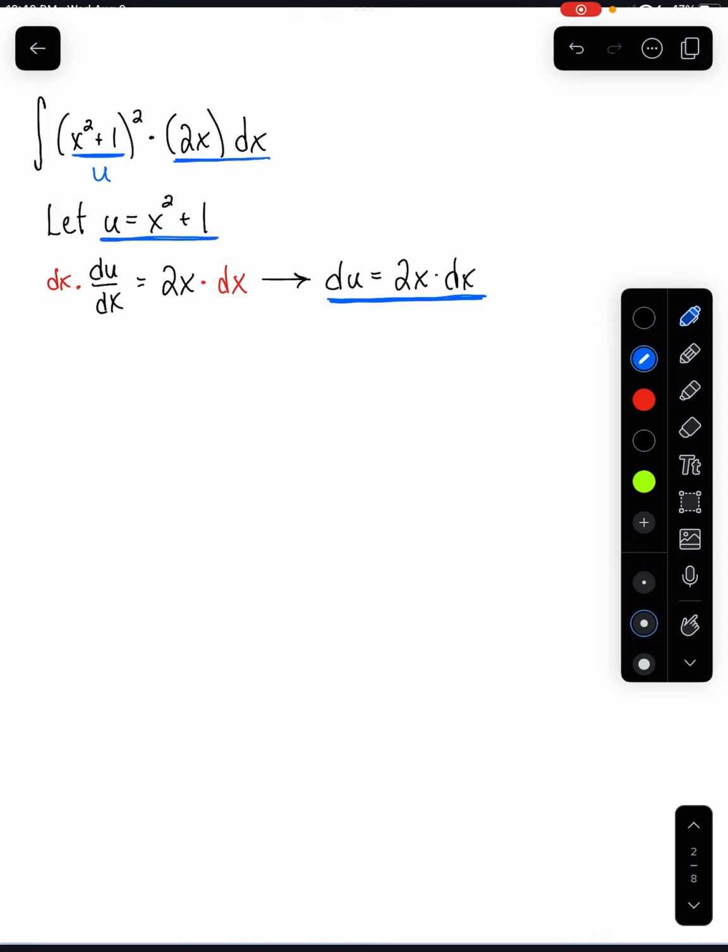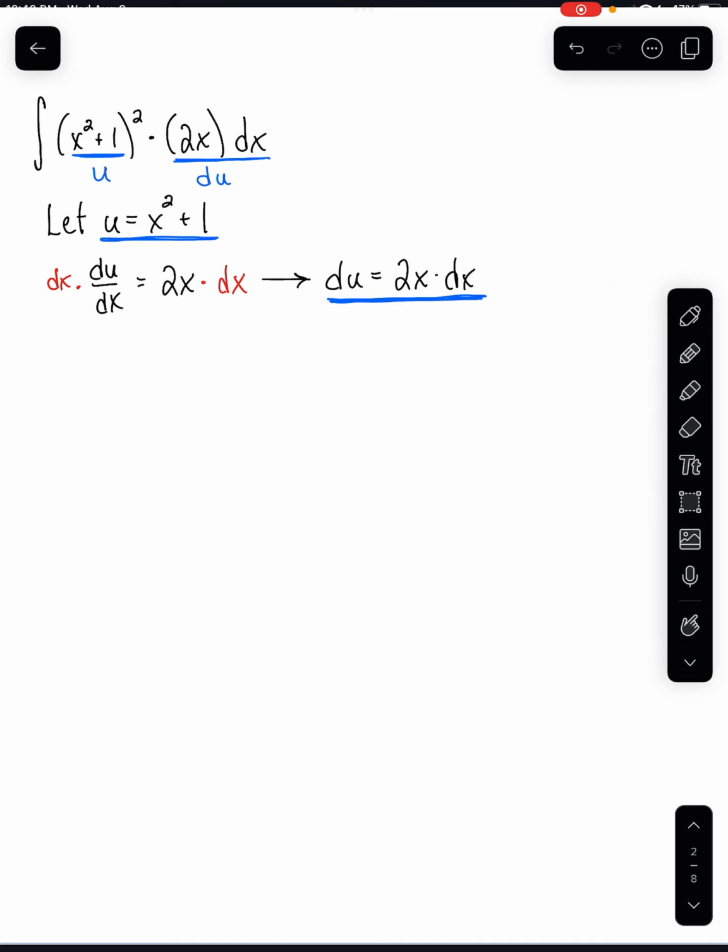Well, if 2x dx is equal to du, then we can take those out and replace them with du. So based on these two statements underlined in blue, we can rewrite the integral of (x squared plus 1) squared times 2x dx as the integral of u squared du.